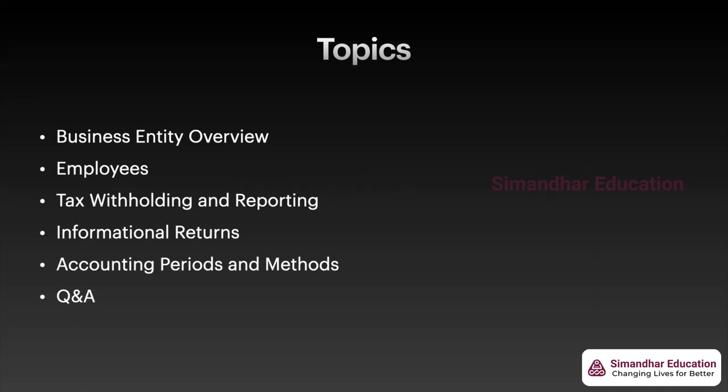We'll be looking at what the withholding and reporting requirements are for these employees, some of the informational returns, when they need to be filed, what the due dates are for each of these informational returns. We'll also be talking about the different accounting periods and methods available for a taxpayer in the US. And then lastly, we'll be closing off with a Q&A.